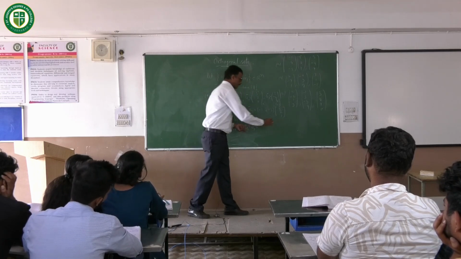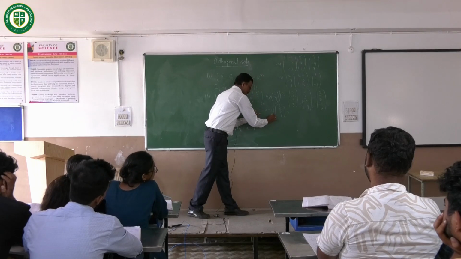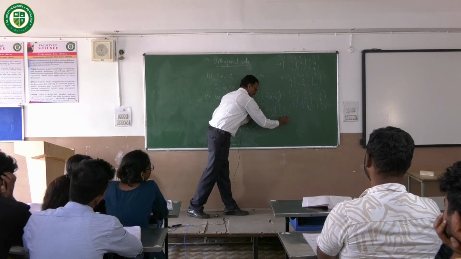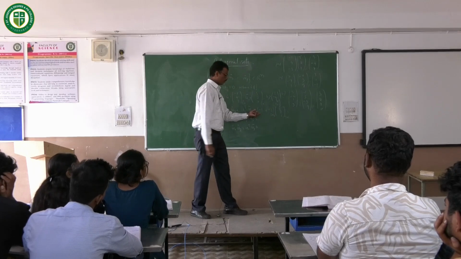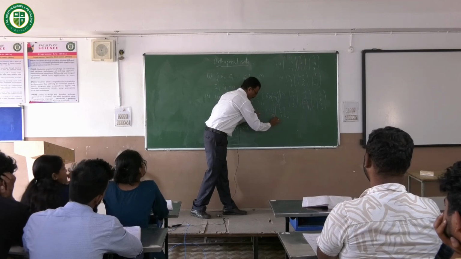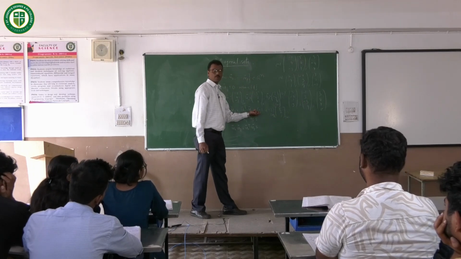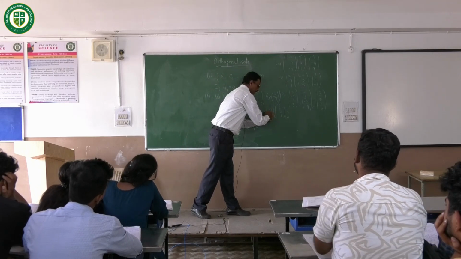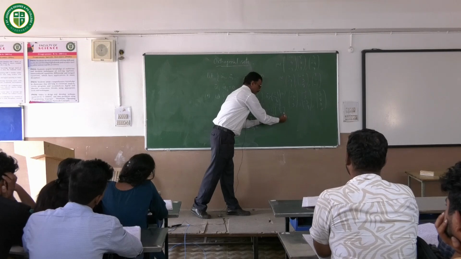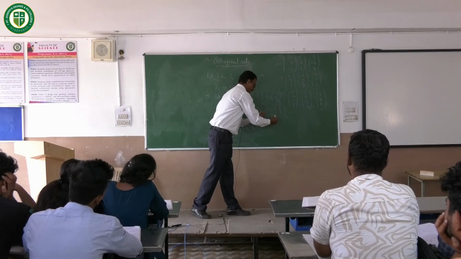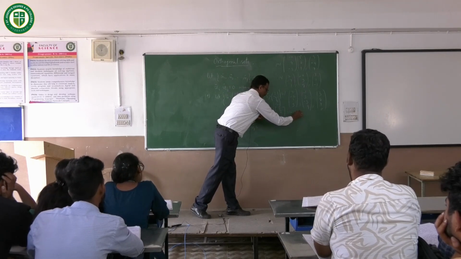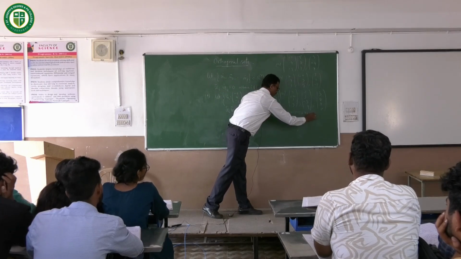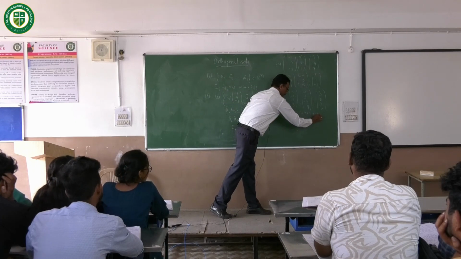Now write the product. Here we have 1 row and 3 columns, and here 3 rows and 1 column. The number of columns is 3 and the number of rows is 3, so only then can I multiply the matrices. Since 3 and 3 are equal, you multiply directly: -1 into 5, plus 4 into 2, plus -3 into 1.